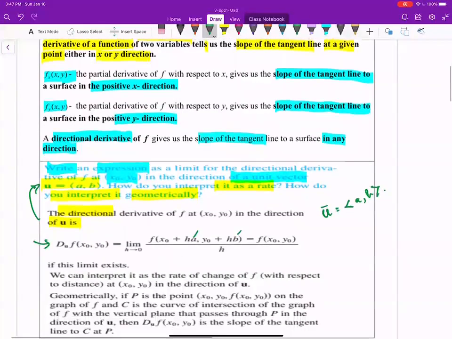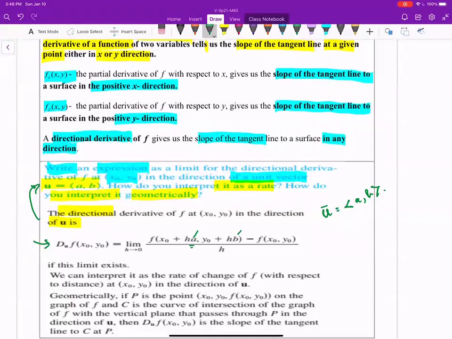If this limit exists. So when we gave the limit definition for partial derivative of f with respect to x or partial derivative of f with respect to y, we only had an increment for one of the two, because when we take f sub x, we keep y as a constant.